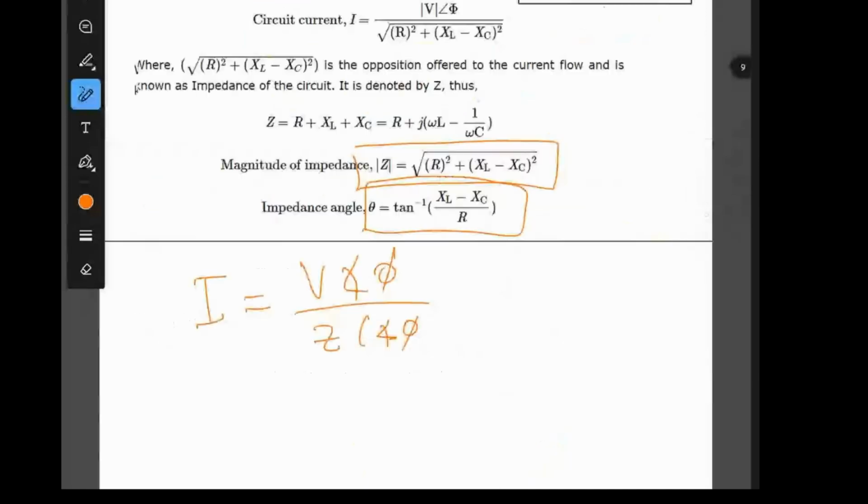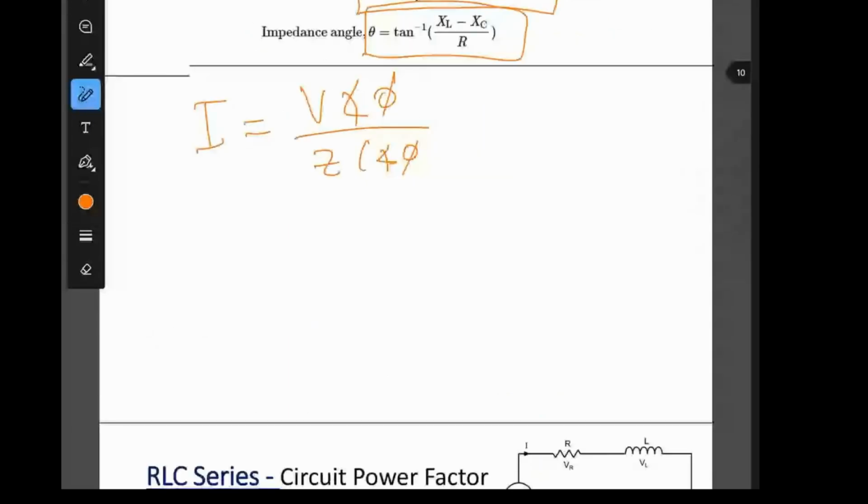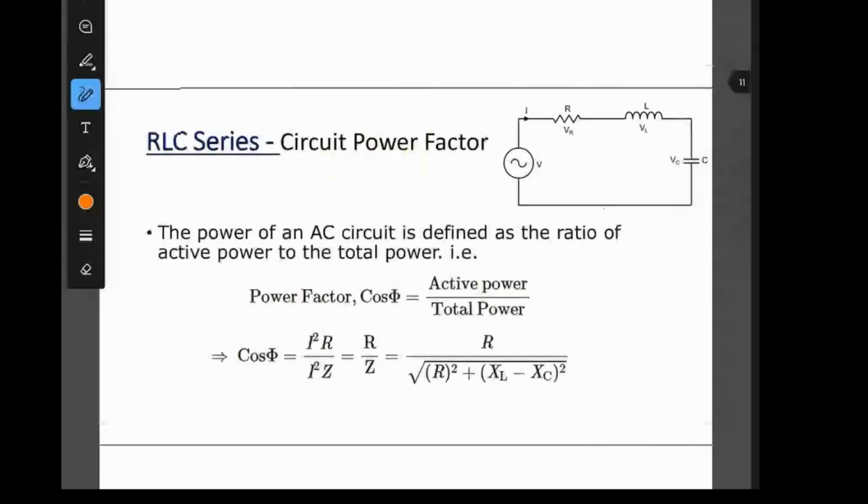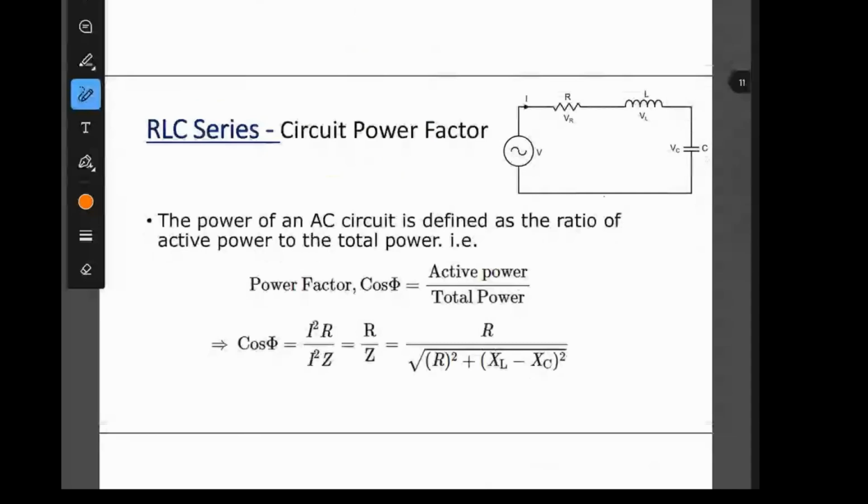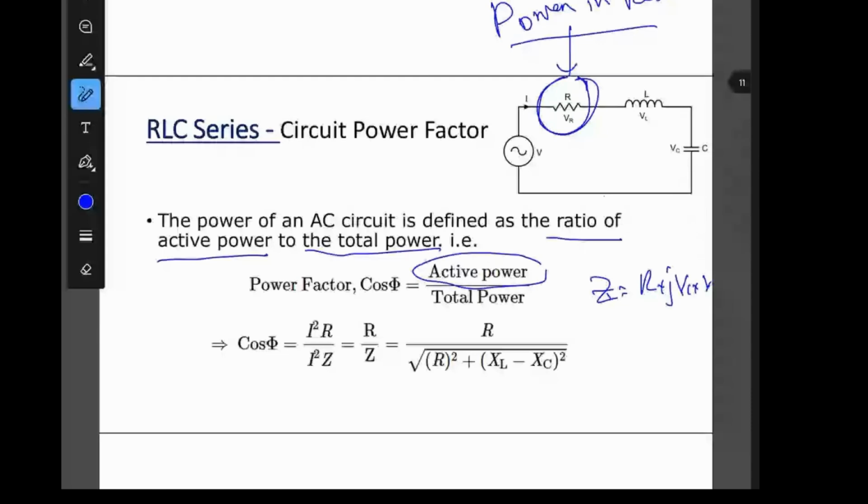So next is circuit power factor. Okay, what is power factor? The power factor of an AC circuit is defined as the ratio of active power to the total power. Power in R is called active power, the power at the resistor.